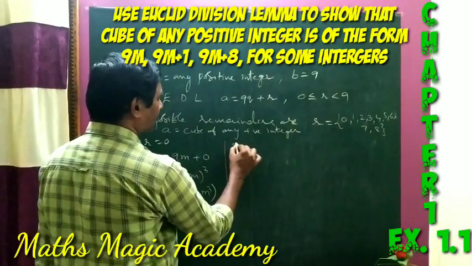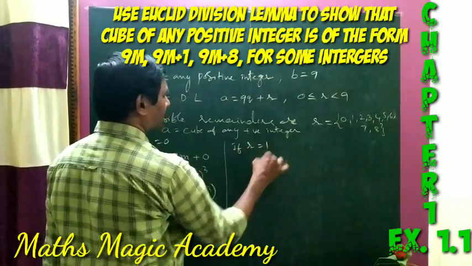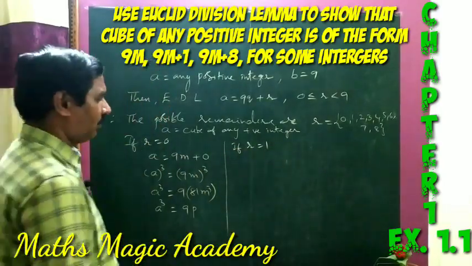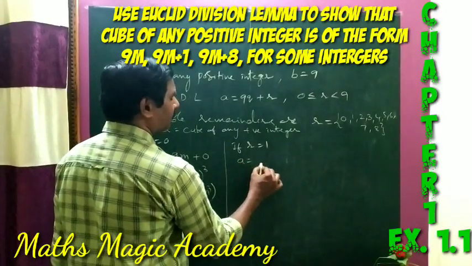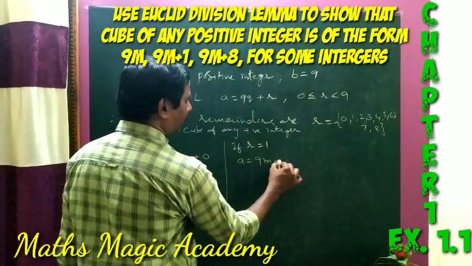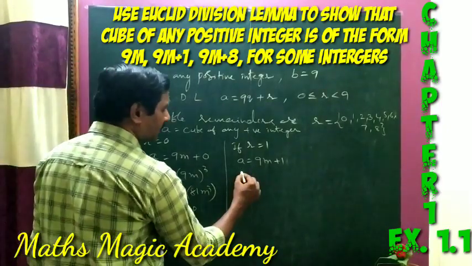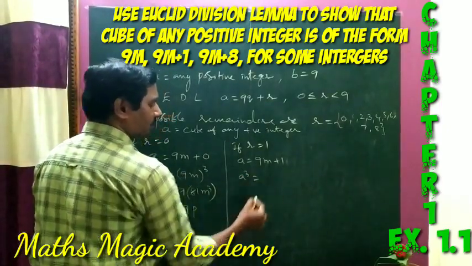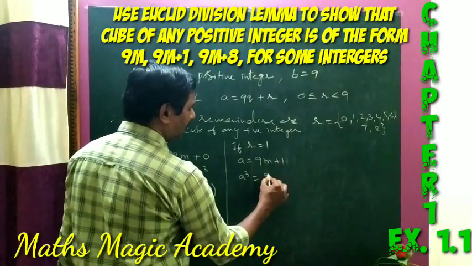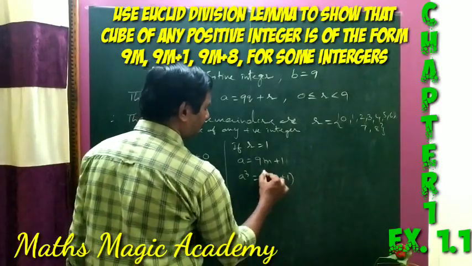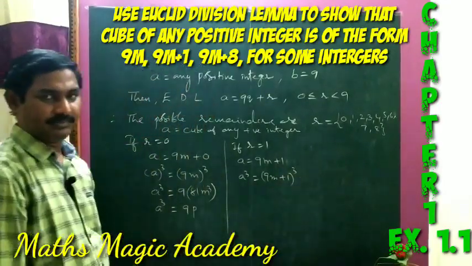Same, if r equals 1, then a equals 9m plus 1. So here also we have to do the cube on both sides. So a cube is (9m plus 1) whole cube.